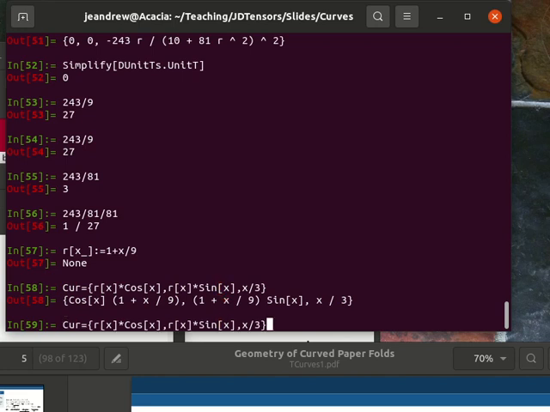Then I wanted to go and work out the tangent vector, and then I wanted to go and work out that norm of t. The tangent vector is just the derivative of curve with respect to x. So there you have d curve comma x dotted in with d curve comma x simplified.